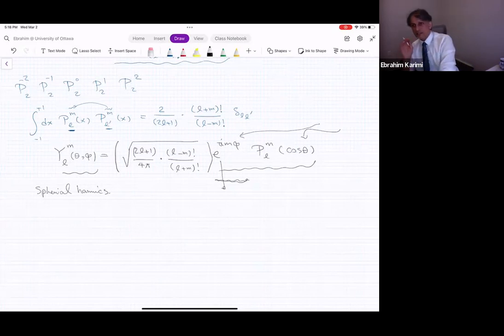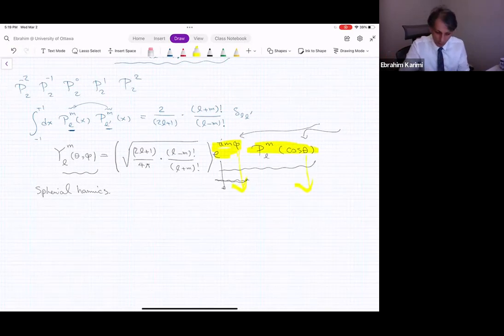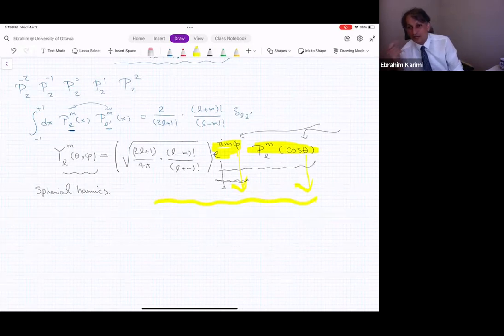I call these spherical harmonics. They form a complete basis in both, remember, theta and phi. Each of these functions, what I have done, these function and these function, both of them together, they form a complete basis in both phi and theta.